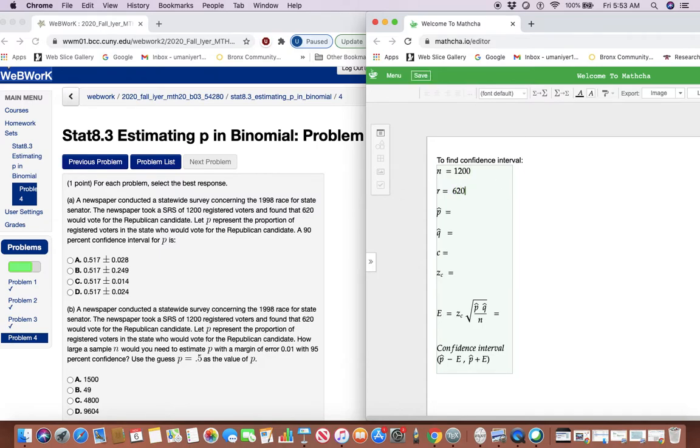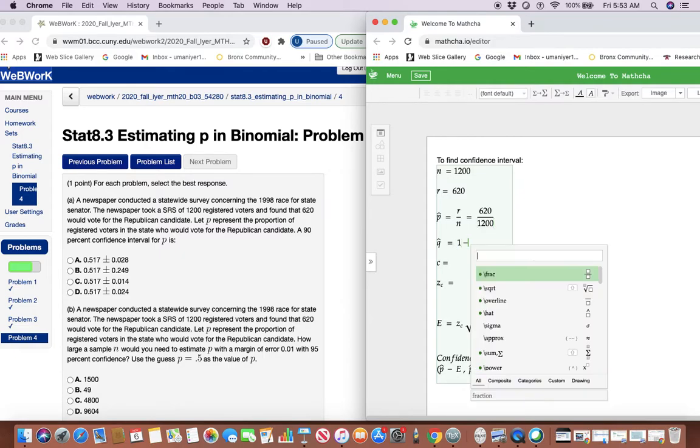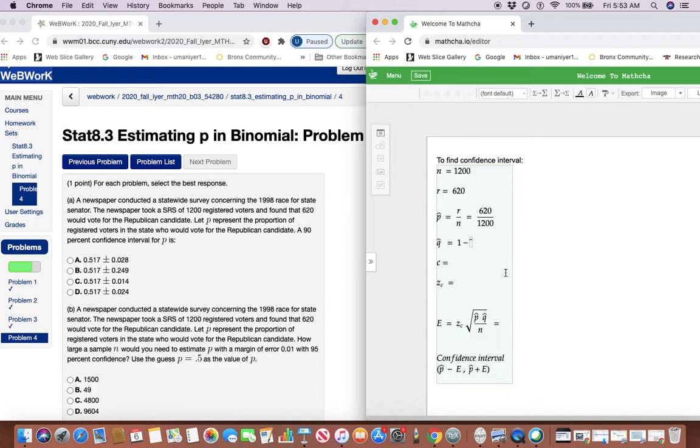So R is 620. P hat is R over N, which is the fraction 620 over 1200. Q hat is 1 minus P hat.